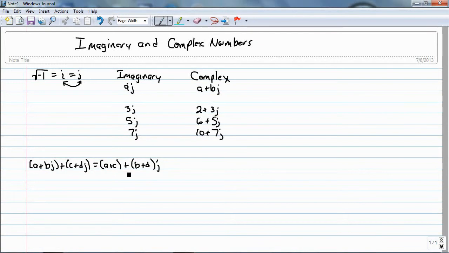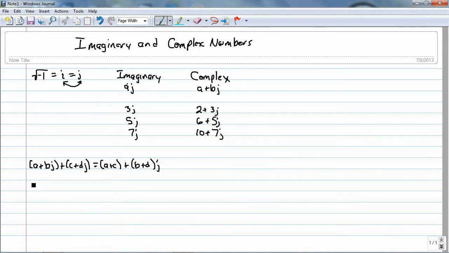And imaginary numbers are distributive, so you can distribute this J inside of the parentheses. Now, of course, subtraction is just a different form of addition, so we really don't need to do that.